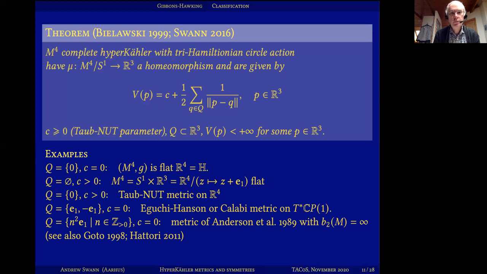So the sum becomes the sum of 1 over n squared. That gives you a complete hyperkähler metric again, and now the second Betti number is actually infinite. And all the cases where Q is infinite, it will be countable and give you metrics of this type. Many of those have been described by Goto and Hattori.